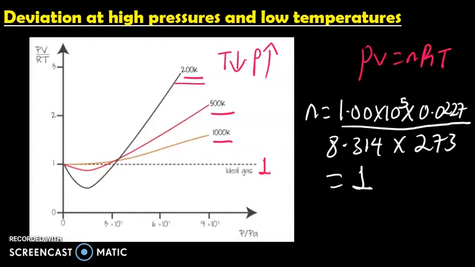The reason for this is at high pressure, the molecules or atoms come sufficiently close together for intermolecular forces to operate. The particles are attracted to each other, and at low temperatures, deviation from ideal behavior increases because the molecules are moving more slowly, or the kinetic energy is lower. So this allows the intermolecular forces between neighboring molecules or atoms to become significant.